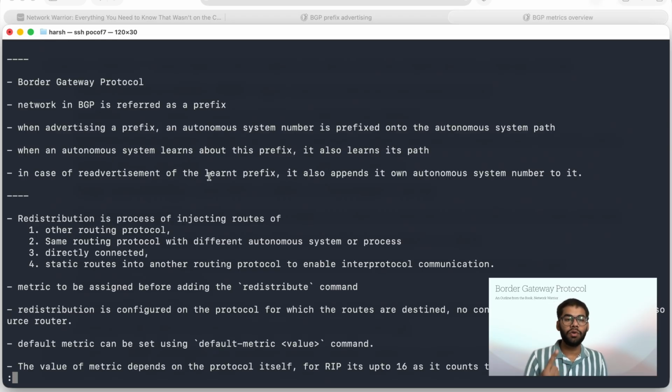Next, when an autonomous system learns about this prefix, it also learns about this path and its path length, and it checks whether its own autonomous system is already in that path. If it finds that, it understands it to be a loop and restricts that route. In case of re-advertisement of a learned prefix, it also appends its own autonomous system to it.